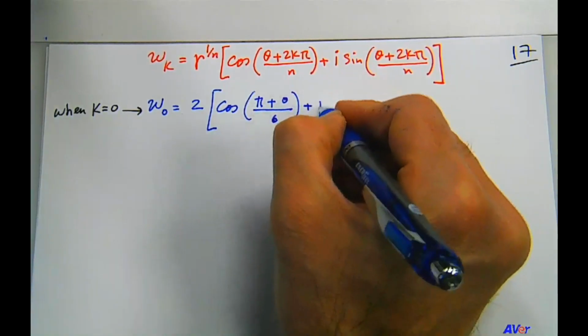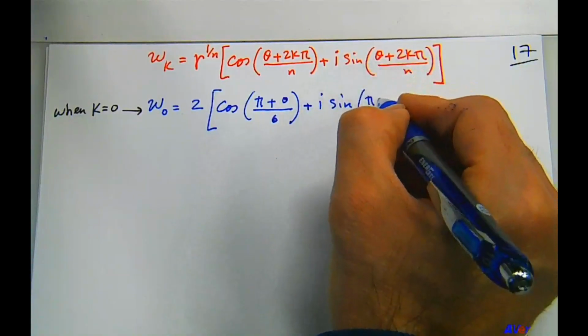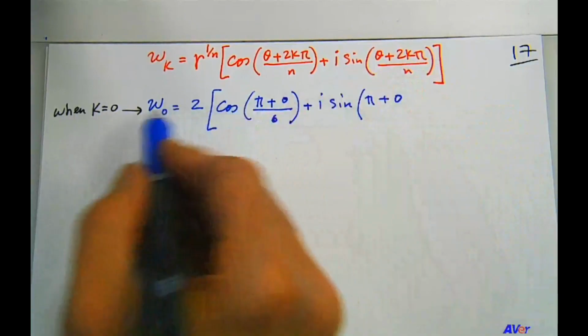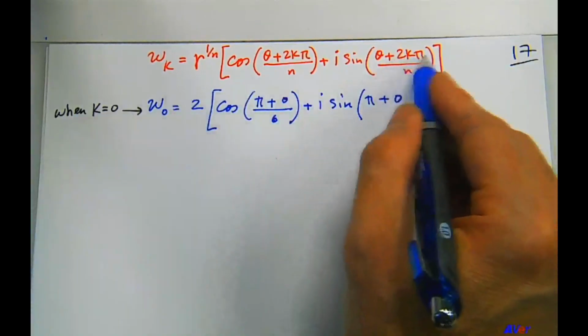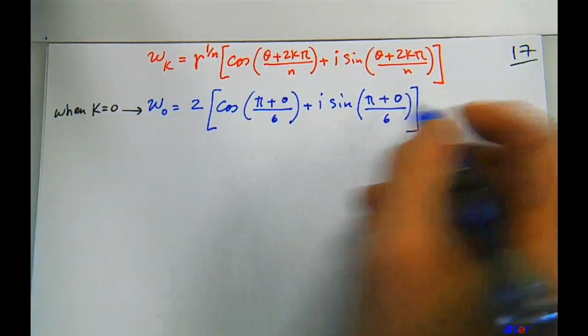And then plus i sine of pi plus 0 again because we're using k equals 0, over 6.